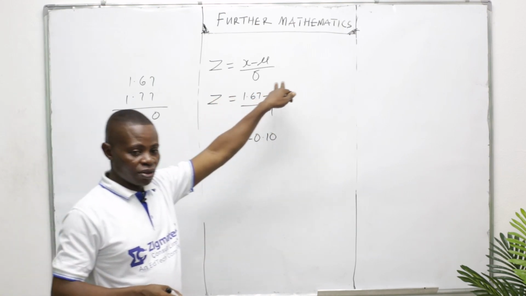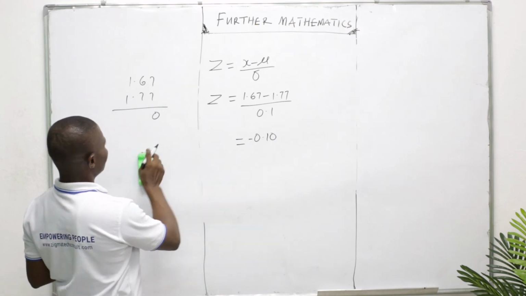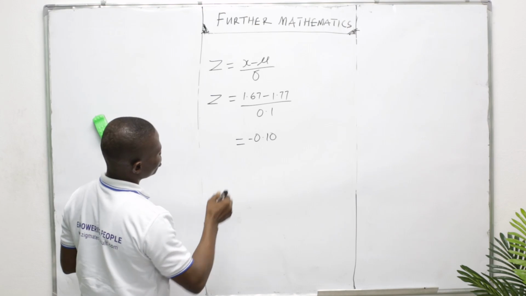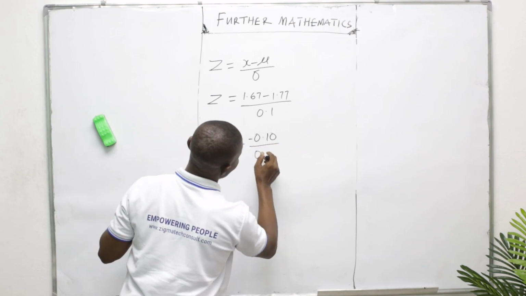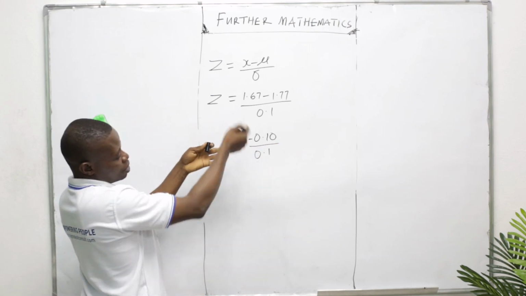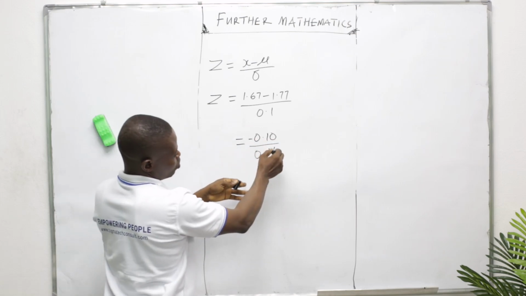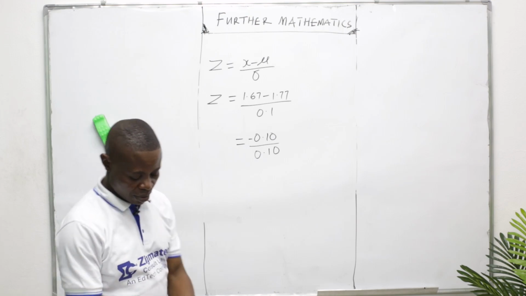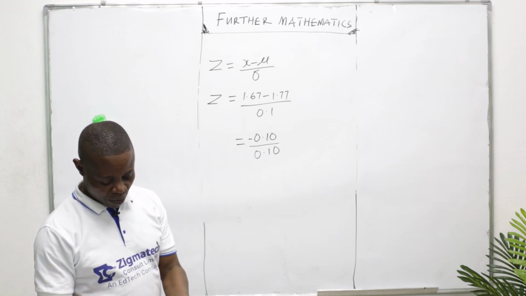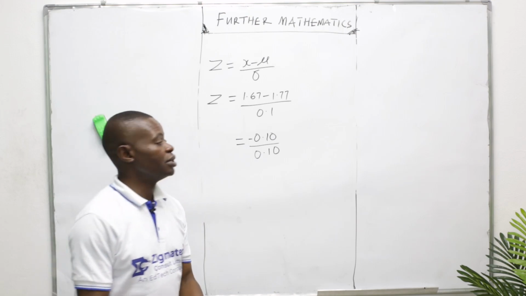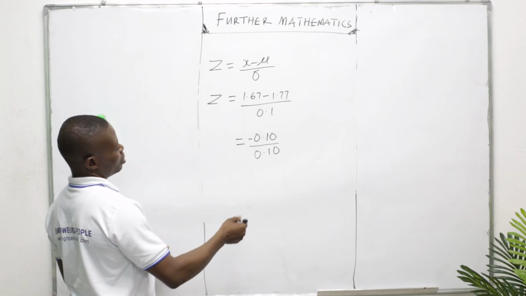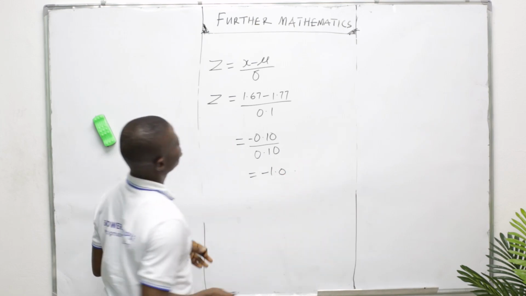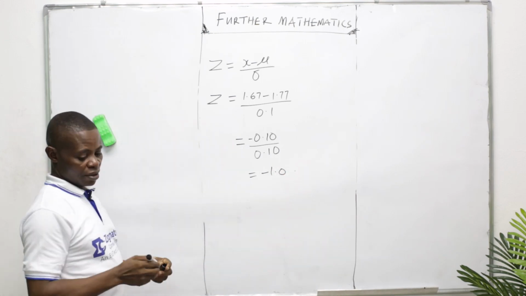Because a smaller number subtracted is minus 0.10. So this will now divide by 0.1. You know, this 0.10 is the same thing as 0.1. I will divide this against itself. All over 0.1 is still giving us minus 1.0. So this is the first z.